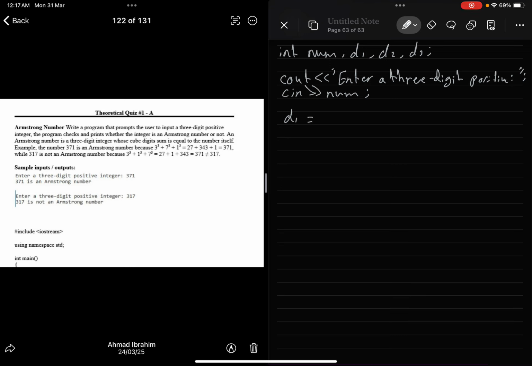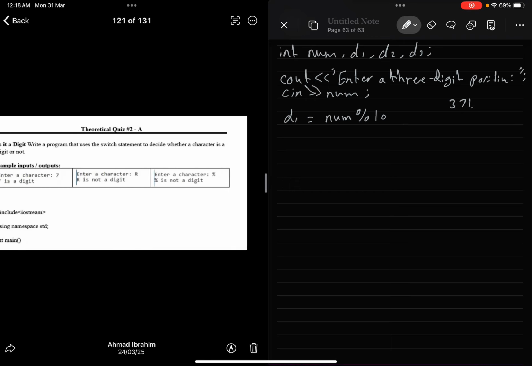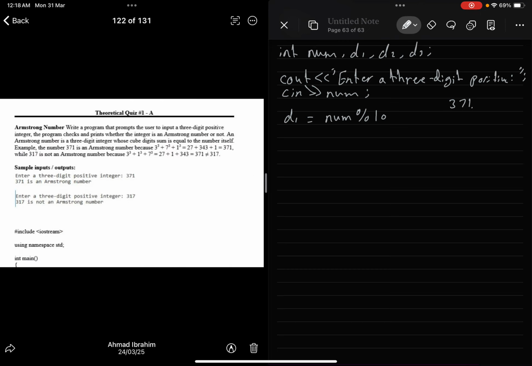After that, to find D1, so we have 371. If we want D1, which is 1, we have to take modulus 10, so we will keep the last digit, which is 1. For D2, we have num, so we can divide it by 10. So here it will be 37.